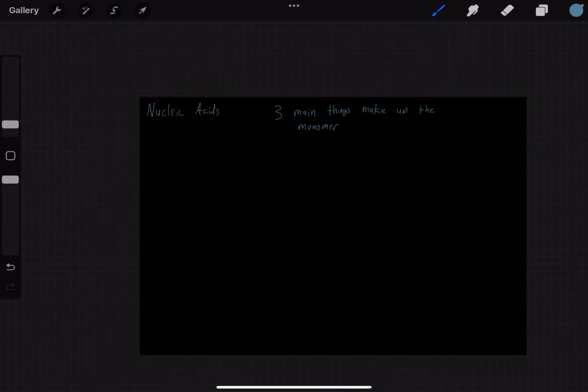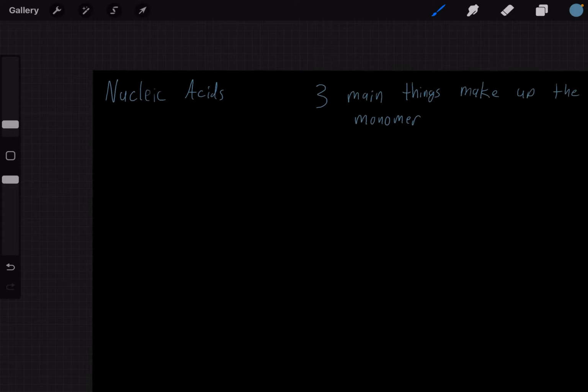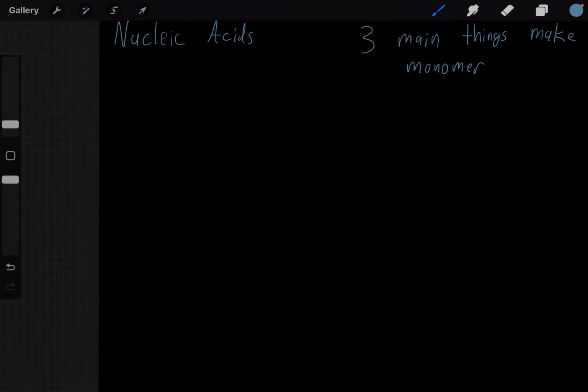So remember, the three main things do not make up a polymer, but the three main things make up the monomer, and that main molecule would be the monomer that combines to each other to make the polymer. So we'll talk about how the monomer is made.